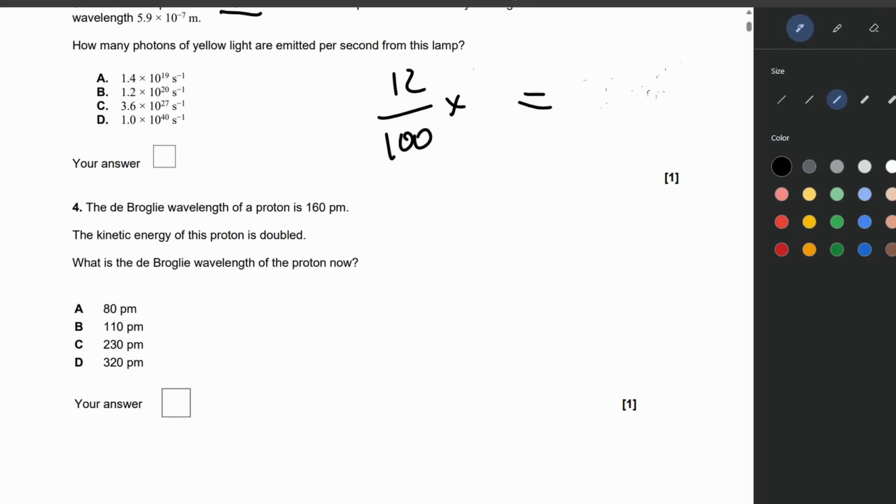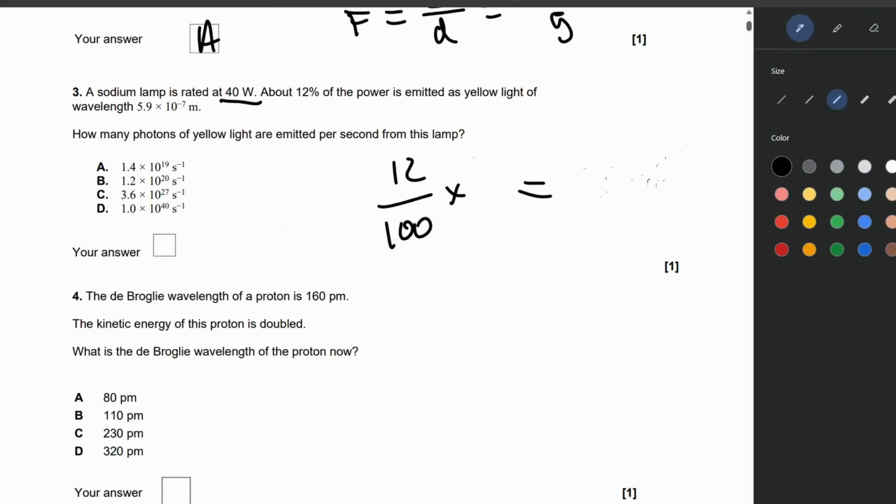So 12% of 40, we've got a calculator, 12% of 40 is 4.8. So about 4.8 watts of the power is emitted as yellow light.